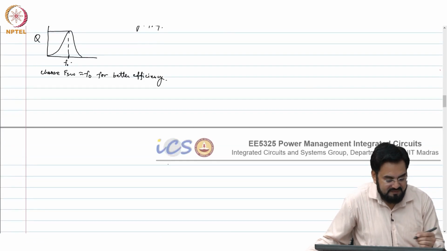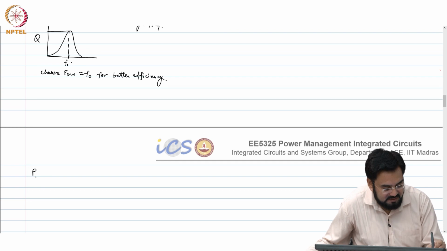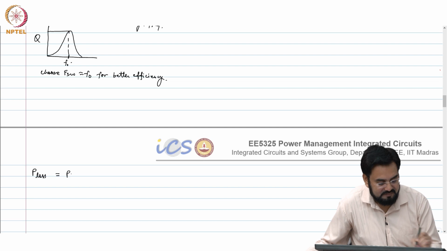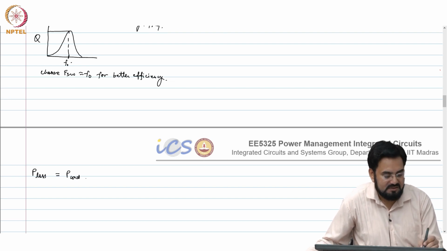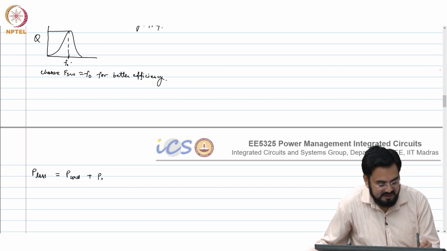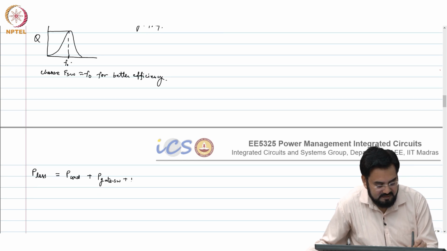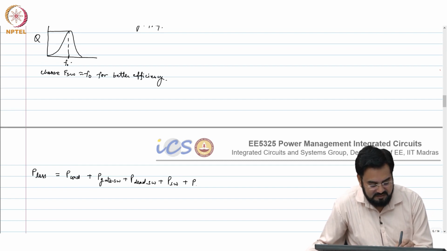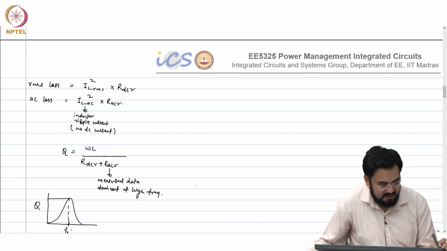So, now we know what the different losses are. So, what will be the total P loss? Conduction loss plus P gate plus PSW plus P, what do I call it?